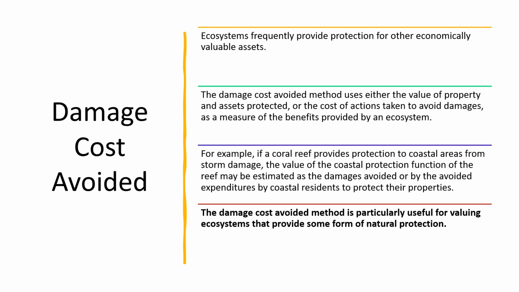The removal of the vegetation. No, that's not what the value is. You're determining the value of an ecosystem service. What service does that particular ecosystem provide? The slope stability. It provides slope stability, right?